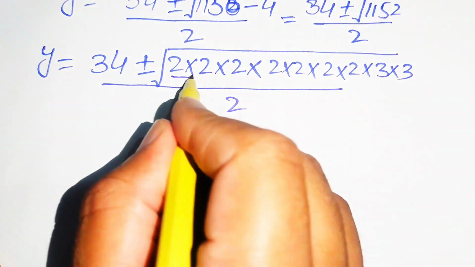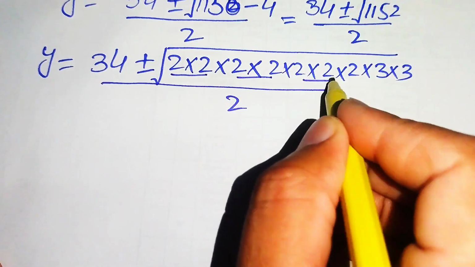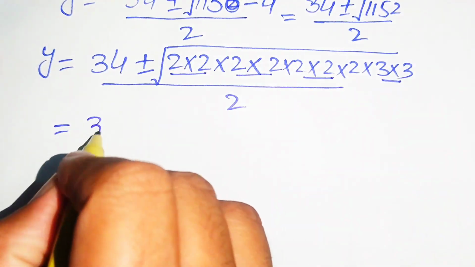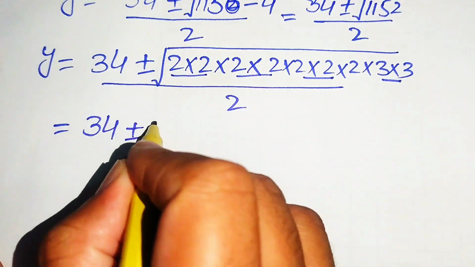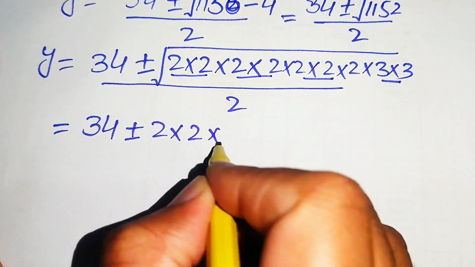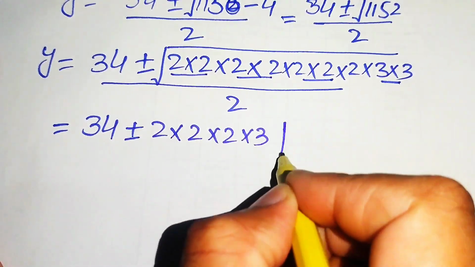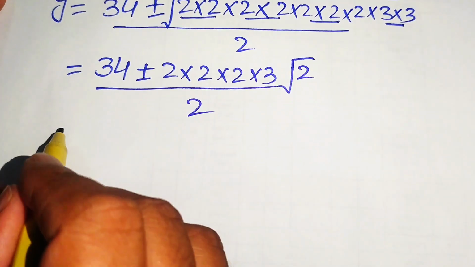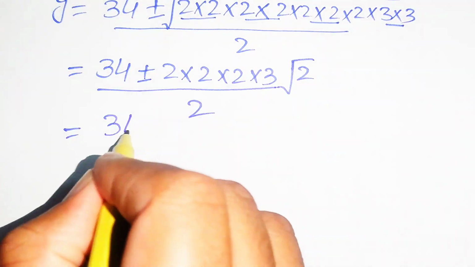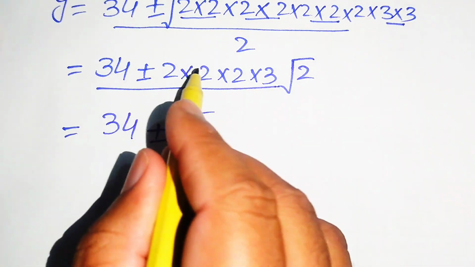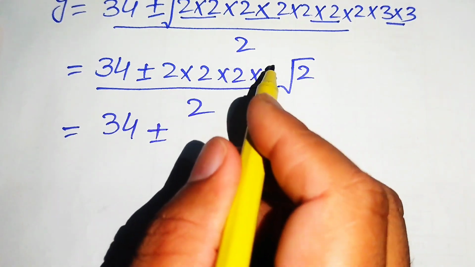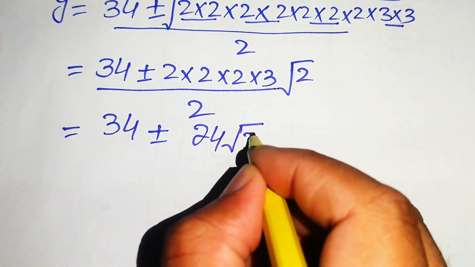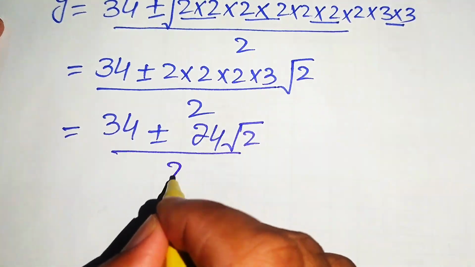Here you see that we have 3 pairs of 2 and 1 pair of 3 which are outside the square root, and we write it as 34 plus minus 2 times 2 times 2 times 3 times the square root of 2, and this whole divided by 2. So here we get 34 plus minus, 2 times 2 is 4, 4 times 2 is 8, 8 times 3 becomes 24 times the square root of 2, divided by 2.